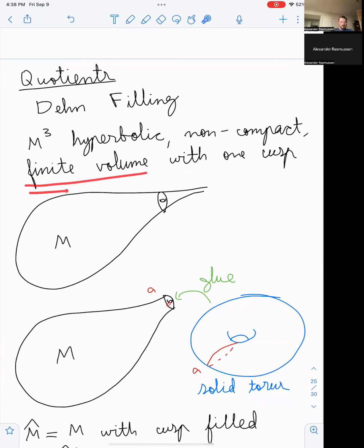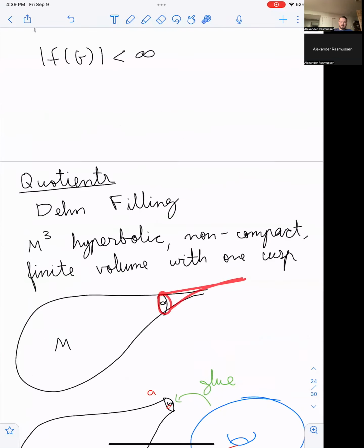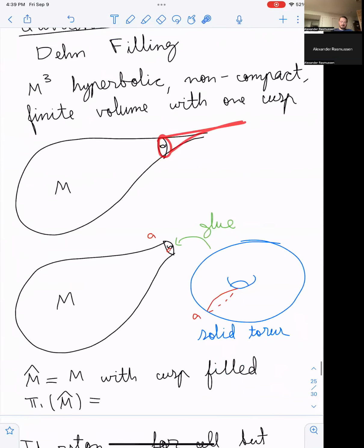So such finite volume hyperbolic three-manifolds have cusps. And a cusp of one of these manifolds is always going to be a two-dimensional torus times a line. So that's what's going on here.